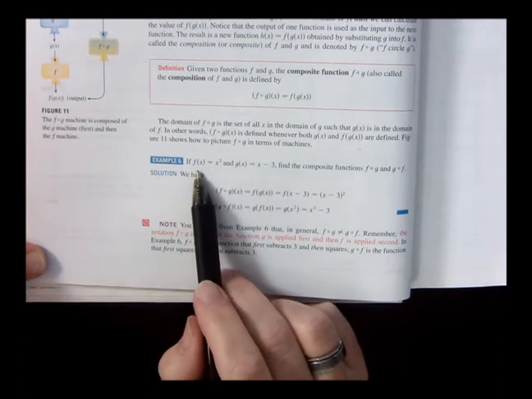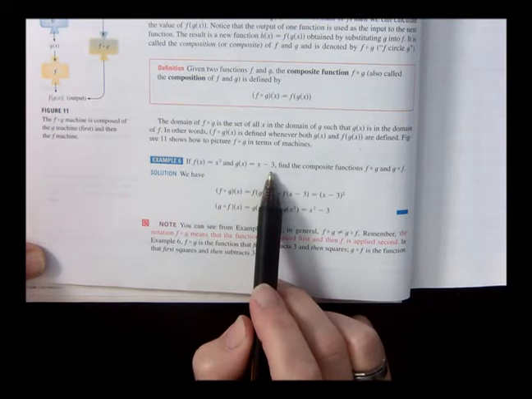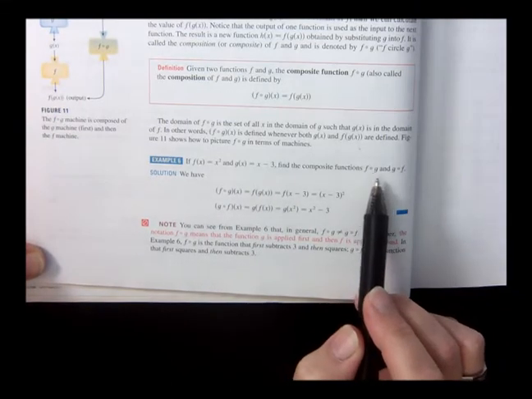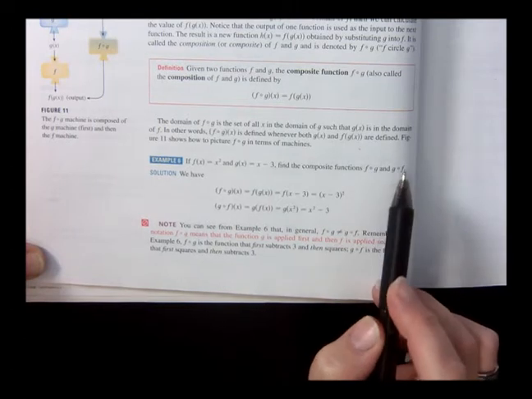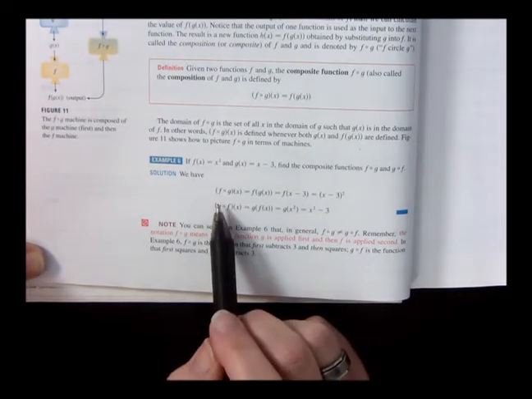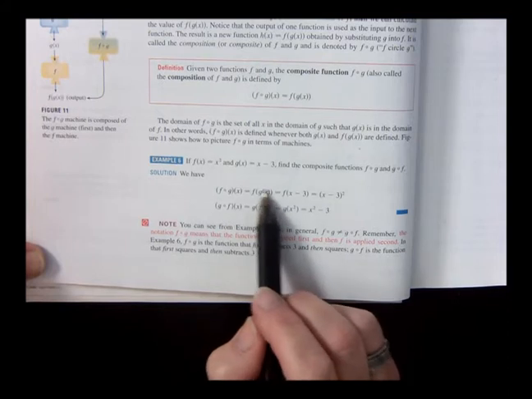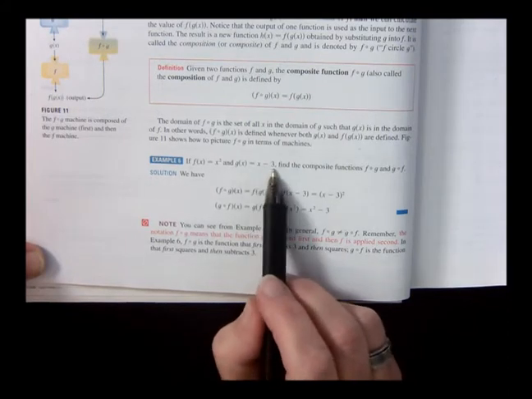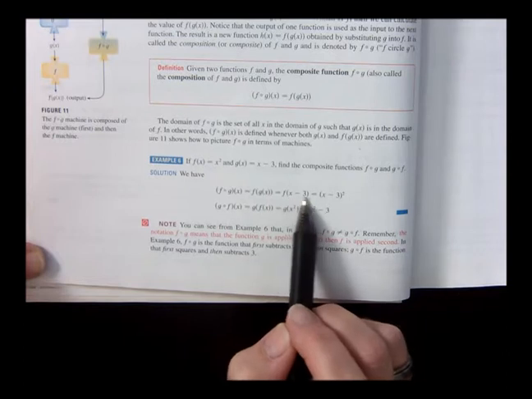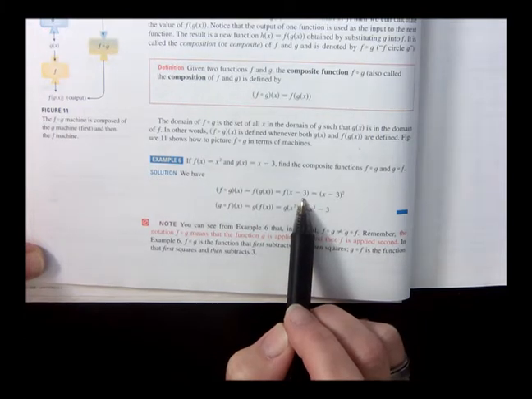if I have f of x equaling x squared and g of x equaling x minus 3, if I need to compose them, now the order does matter. This means I'm going to take g and put it into f. This means I'm going to take f and put it into g. So let's take a look at that. If I take f of g of x, I'm again going to take g of x, which is x minus 3, and put it in for my x value in my f of x. Now f of x was just x squared.